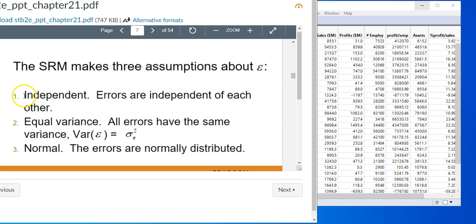And then independence. We want errors to be independent. Errors should be independent of each other. What does that mean? If errors are independent, that means they are randomly spread everywhere around the line.